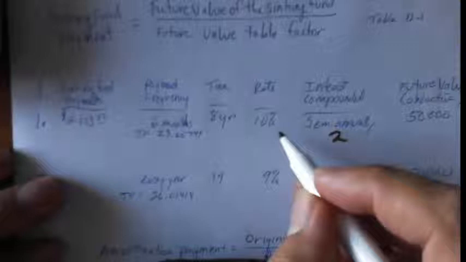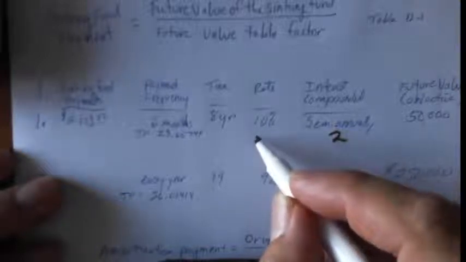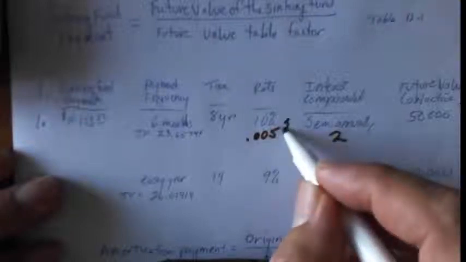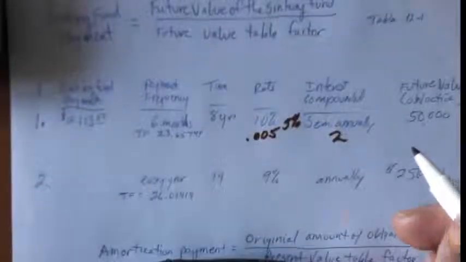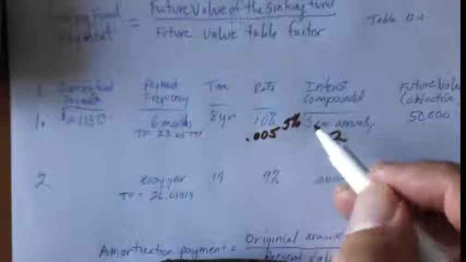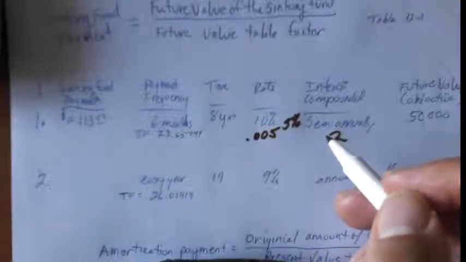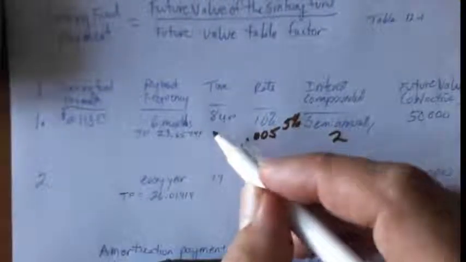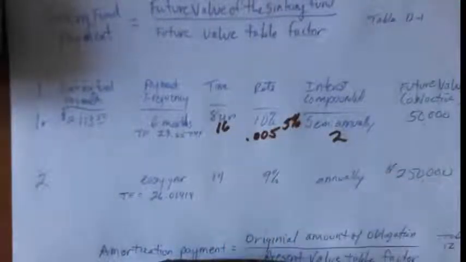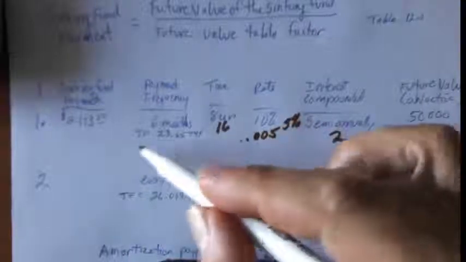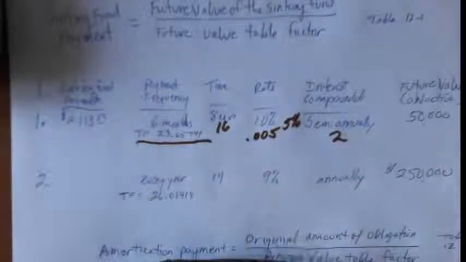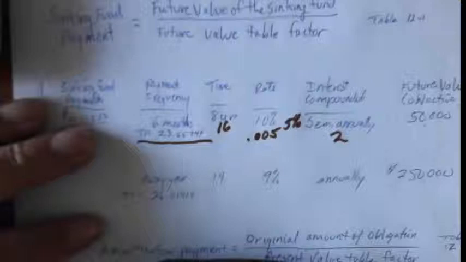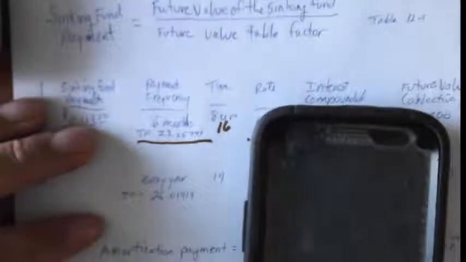So, semi-annually, twice a year, each period is going to be 5%, or 0.05. We don't need to put it in a formula, right? So just the 5% works. And we had twice for 8 years, so 16 is our periods. When we look that up, we get a table factor of 23.65749.